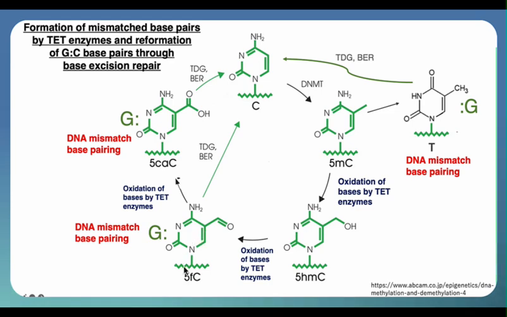If 5-fC is not excised, it is further oxidized by TET enzymes to 5-carboxylcytosine, 5-caC. This is recognized as a mismatched pairing, and through base excision repair, cytosine is inserted. In this way, 5-methyl-C is oxidized by TET enzymes to create mismatched base pairs, which are then removed by the base excision repair system, resulting in the demethylation of methylated cytosine to cytosine.